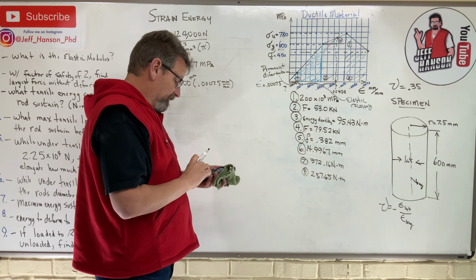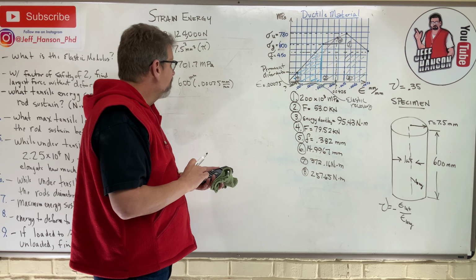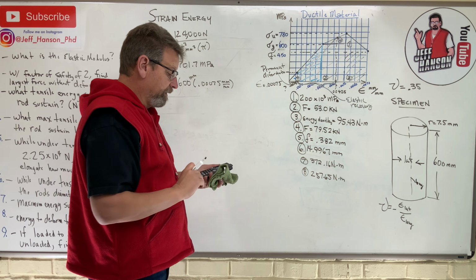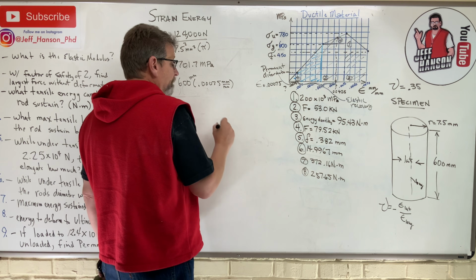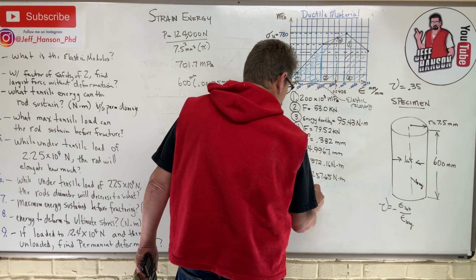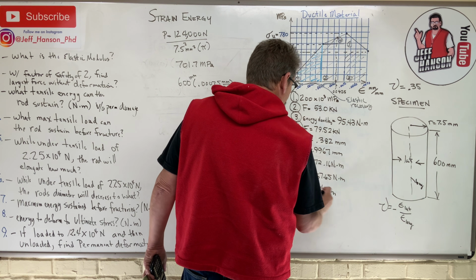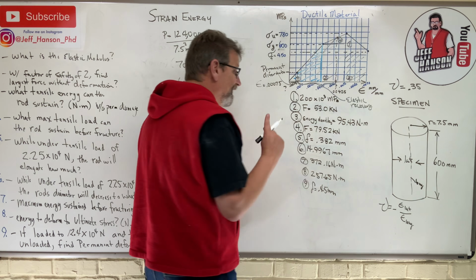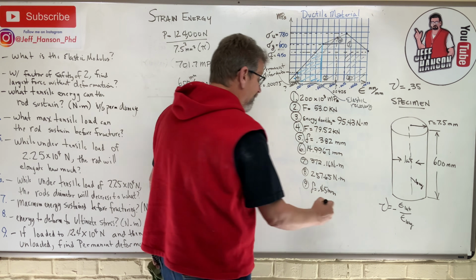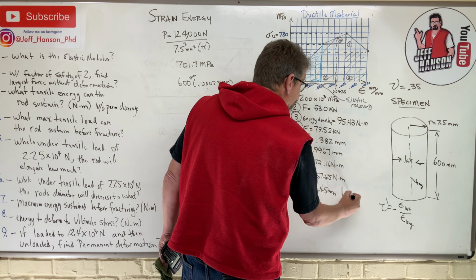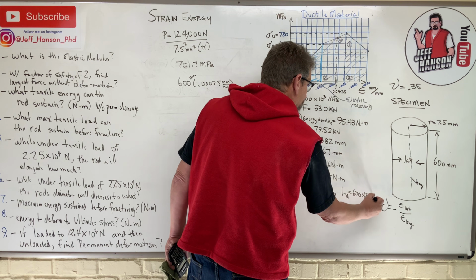So here we go. 600 times 0.00075 equals 0.45. So the permanent deformation was 0.45 millimeters. So delta equals 0.45 millimeters. Or you could say the thing started out at 600 millimeters and now the new length is equal to 600.45 millimeters, okay?